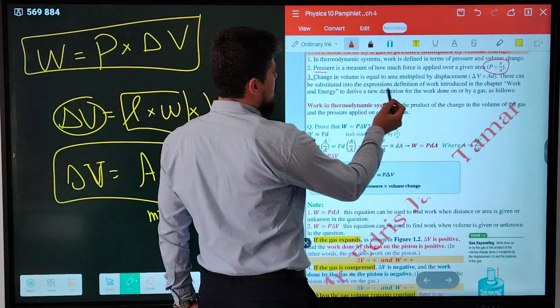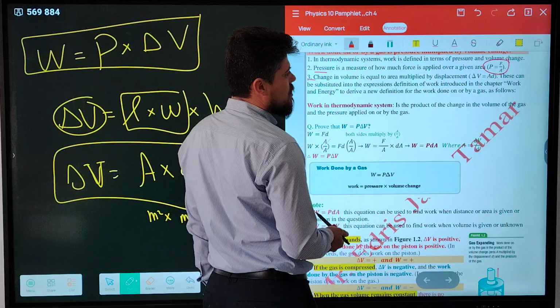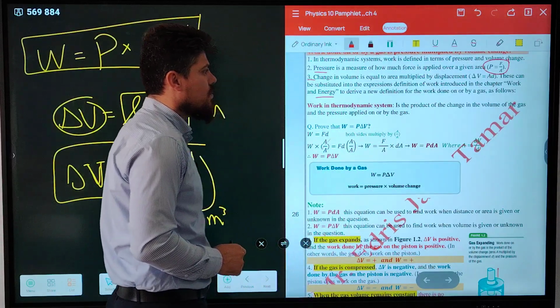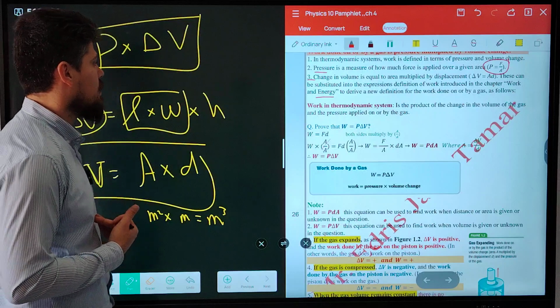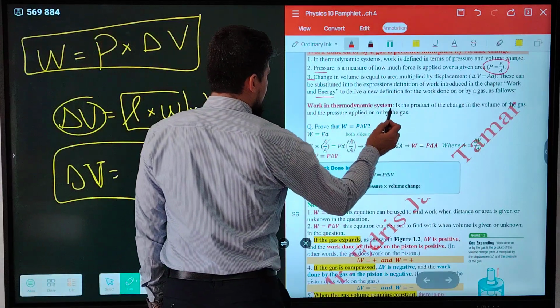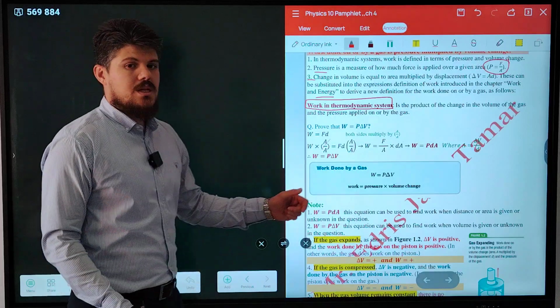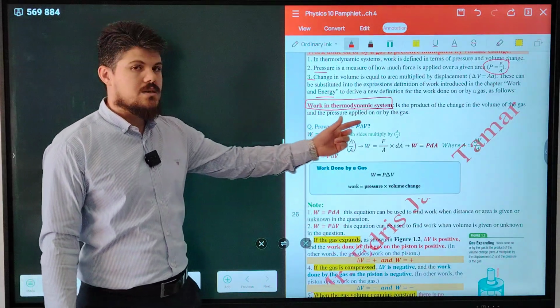This is substituted into the expression of the definition of the work introduced in the chapter on work and energy, to derive a new definition for the work done on or by gas as follows. Work in thermodynamic system, this is very important. What is the definition of the work in thermodynamic system?